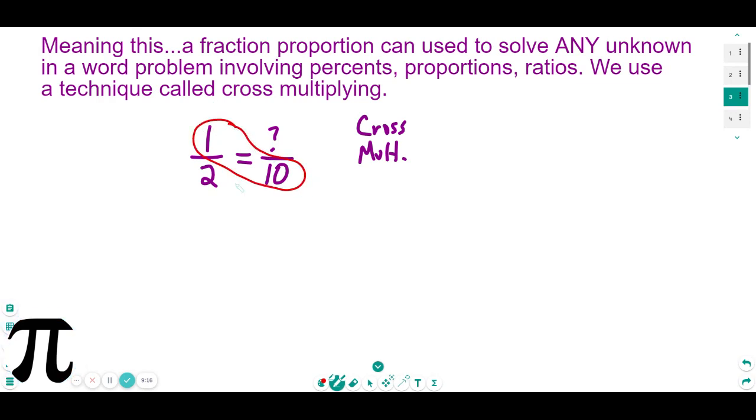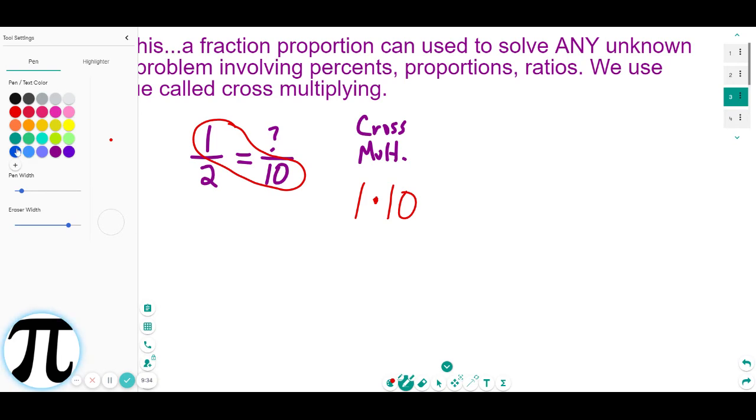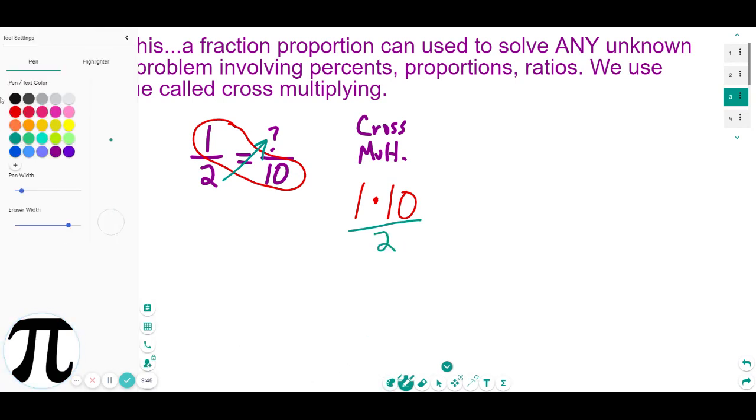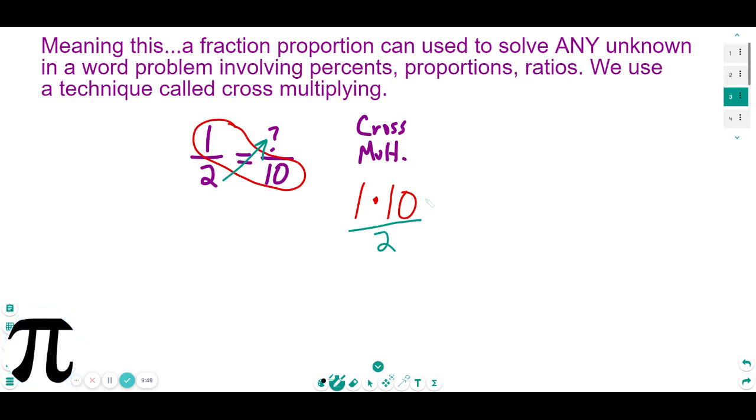You're going to multiply them. So 1 times 10. And then the number you divide by is the number that points at the unknown. So you divide by 2, and that's going to equal your unknown. We could have used an x or an n.